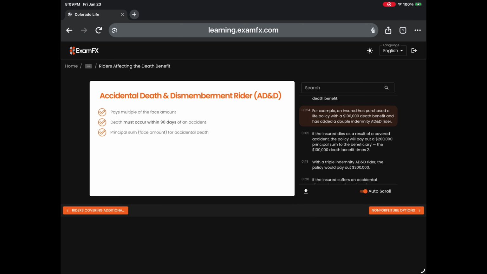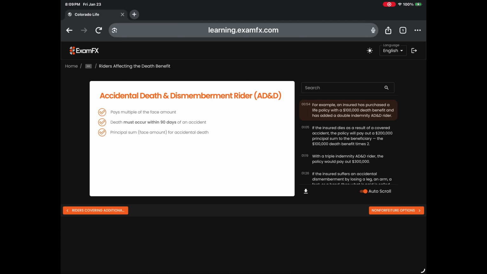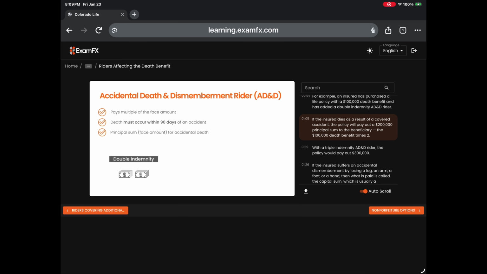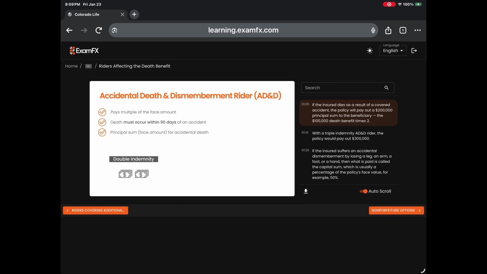For example, an insured has purchased a life policy with a $100,000 death benefit and has added a double indemnity AD&D rider. If the insured dies as a result of a covered accident, the policy will pay out a $200,000 principal sum to the beneficiary, the $100,000 death benefit times 2.